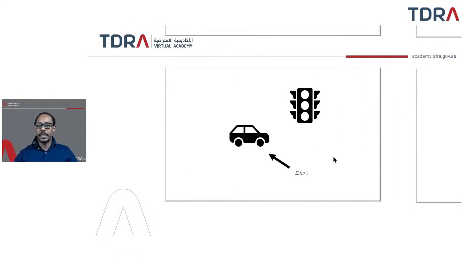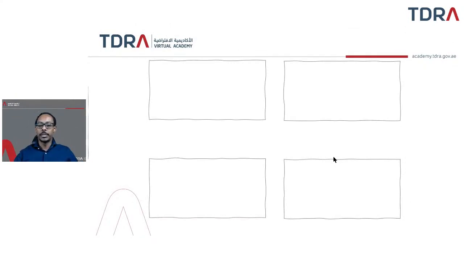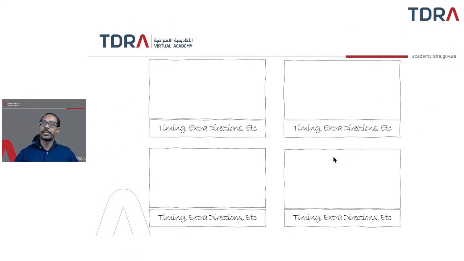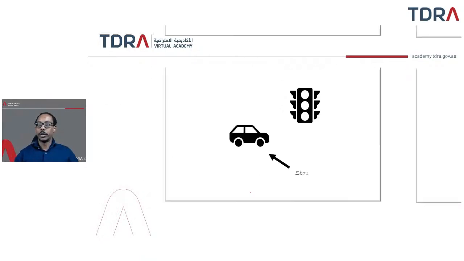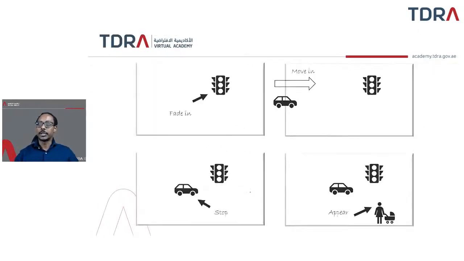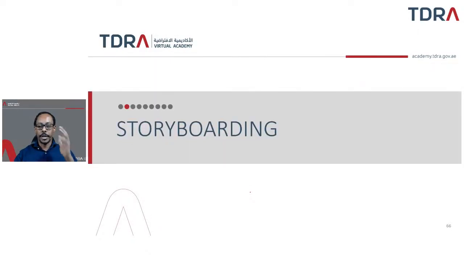In order to have this layout, open a Word document, have these boxes and a small box down here where you will describe the scene, the timing, the duration, the transition of the slide. Write everything you want in here, especially if you're working in a team and someone else will do the actual design and you will come up with the idea. So in order to deliver your ideas the best way, have what we call, as I showed you earlier, storyboarding.